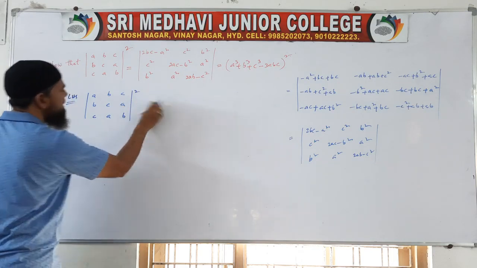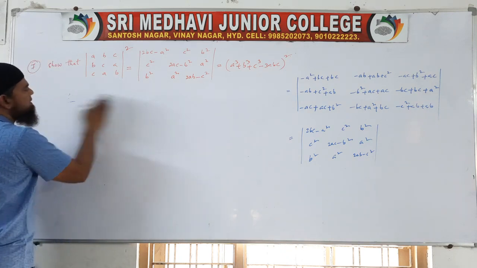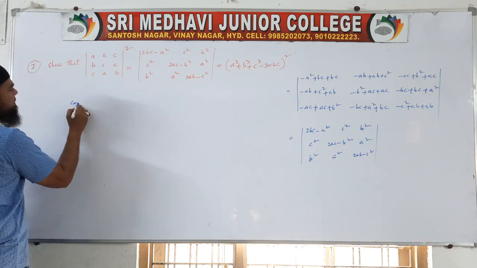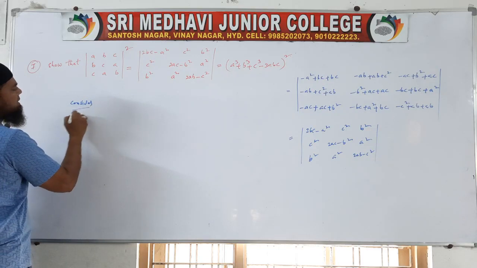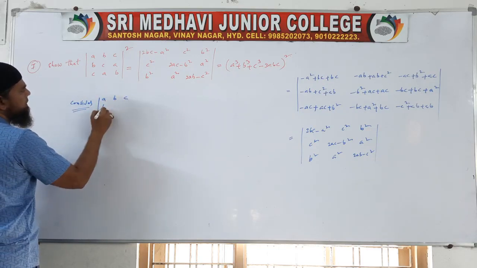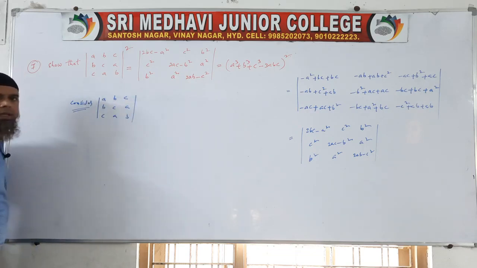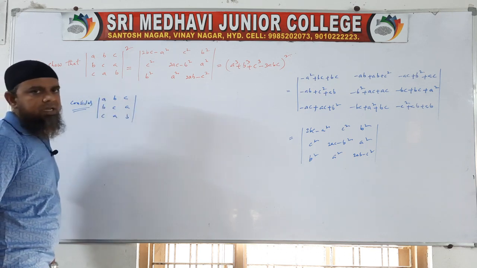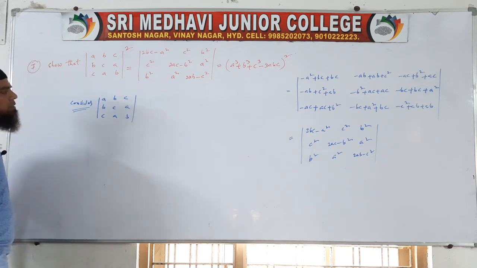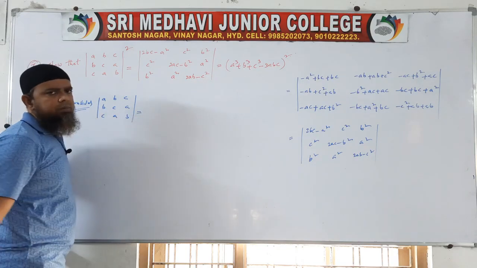Otherwise do one thing, don't write LHS, just don't consider it. So we are taking A, B, C, B, C, A, C, A, B without square. So I am taking it as a consideration, not LHS here. We are not taking square. Directly you do the determinant.